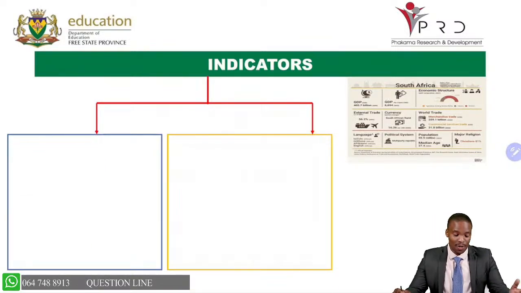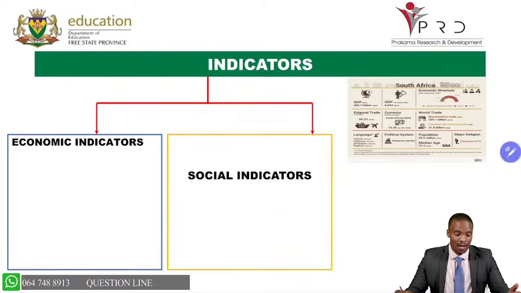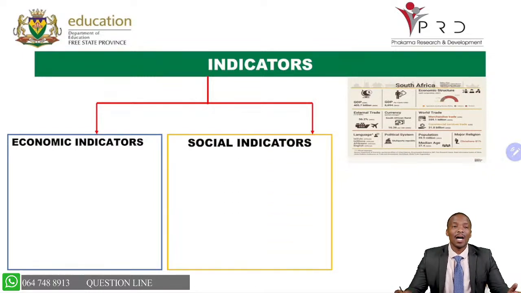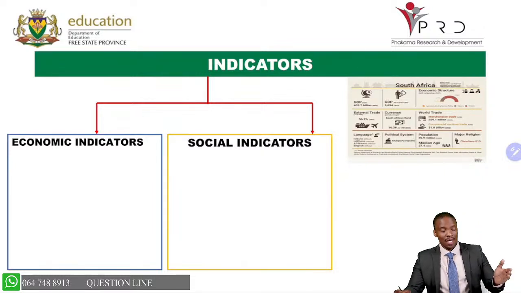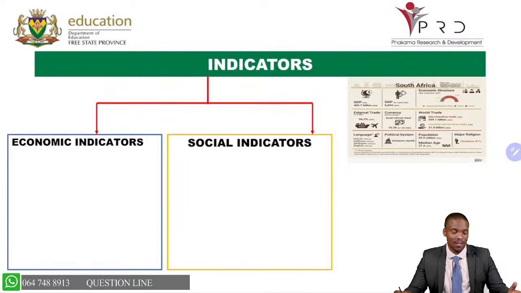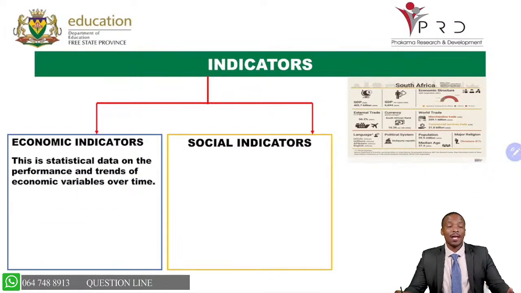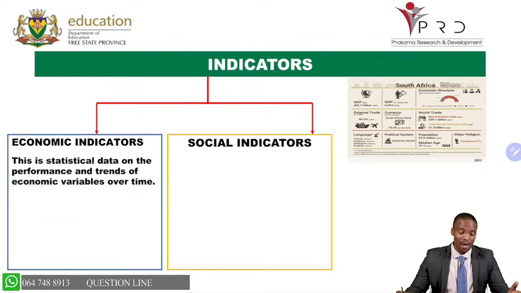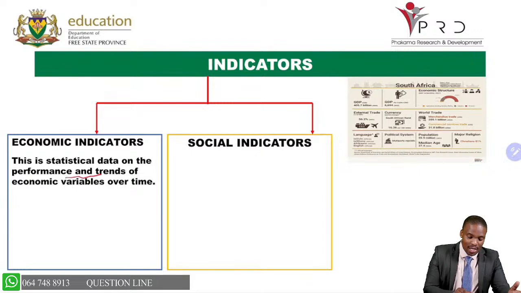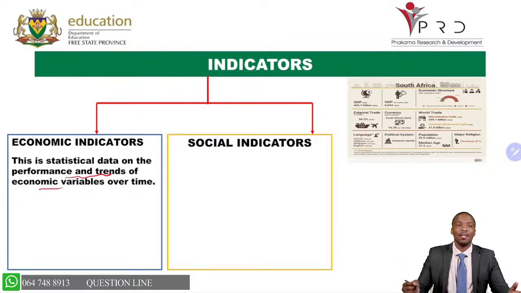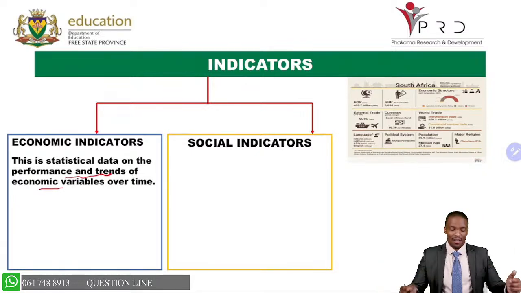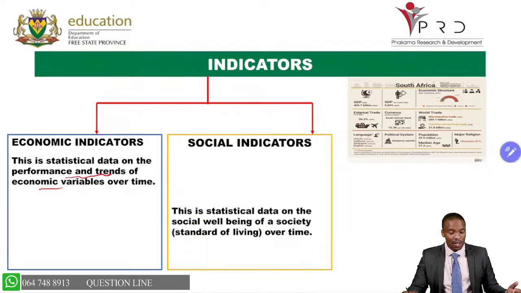Then when we started, we said that these indicators are divided into two, which is economic indicators and social indicators. We take a look at what is under economic indicators and what is under social indicators. Under economic indicators, we measure the performance and the trends of the economy over time. That means everyone is affected in South Africa and even beyond.